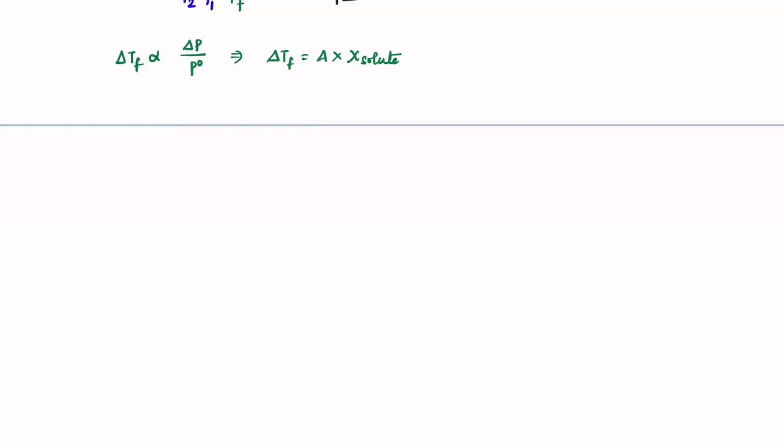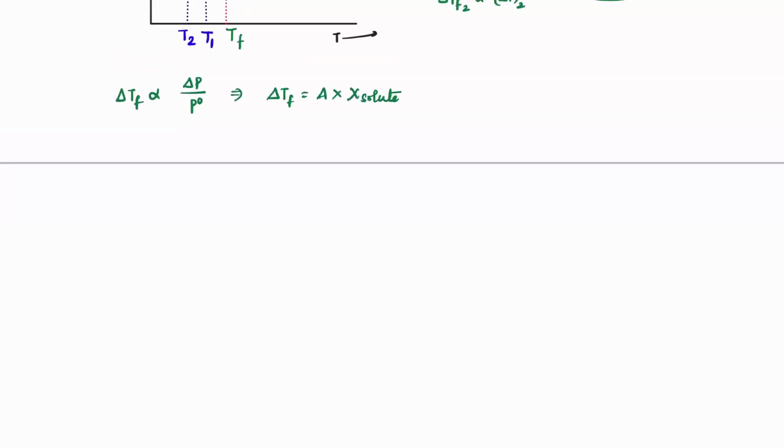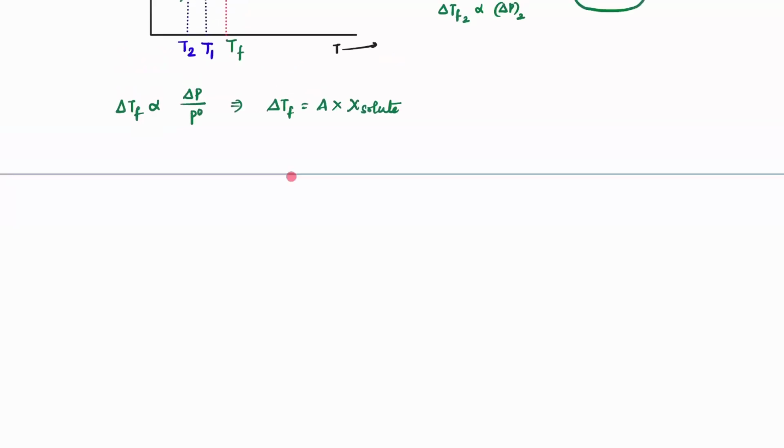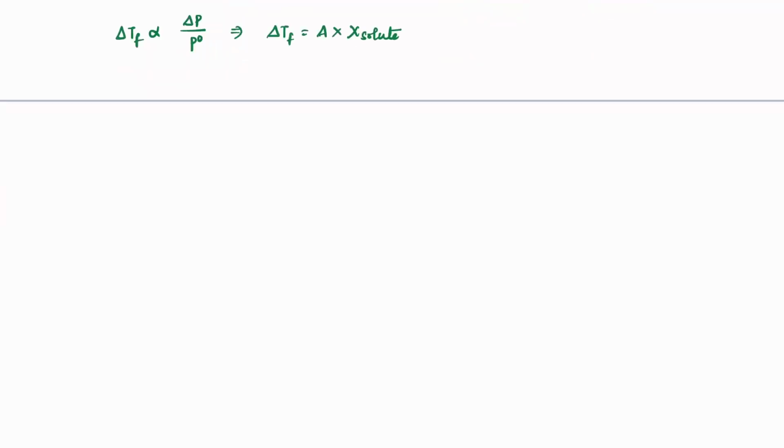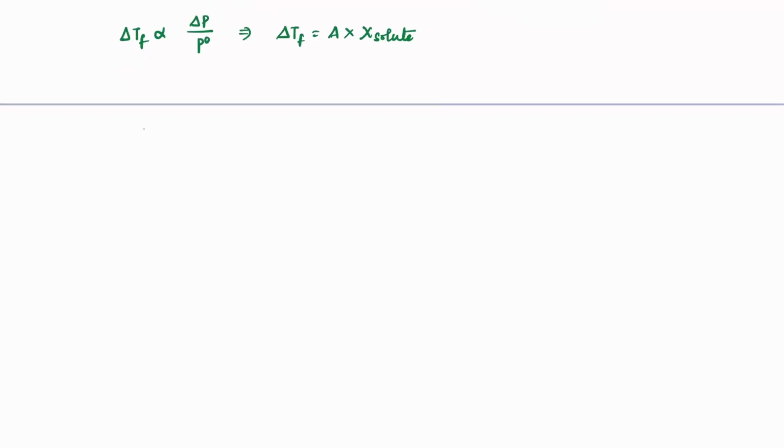Right. See, delta TF is equal to A into mole fraction of the solute. Using the same concept as that of elevation in boiling point, we can derive very similar things here. That is, Kf will be equal to R TF square into molar mass of the solvent upon 1000 into delta H of fusion.